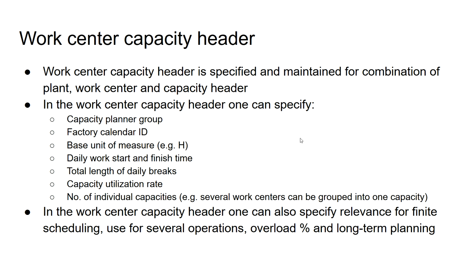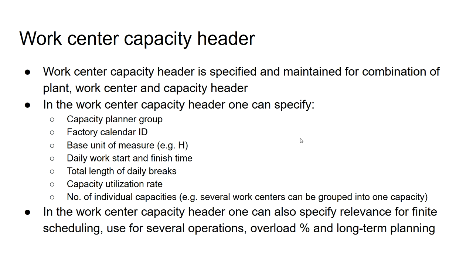If you set the capacity utilization rate to 100%, then this would mean that you tell SAP, or you're documenting in your system, that you assume that the work time, meaning the time being available except for breaks, so if you subtract the breaks from the time available between finish time and work start time, can all be used to fulfill your production orders.